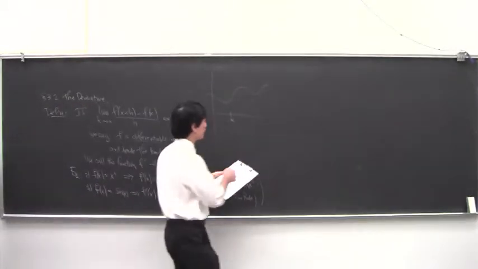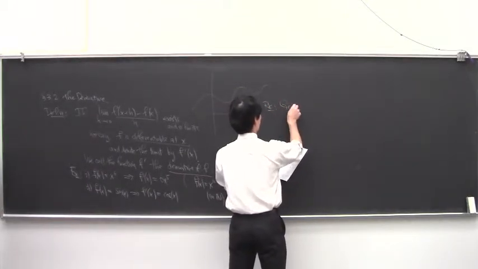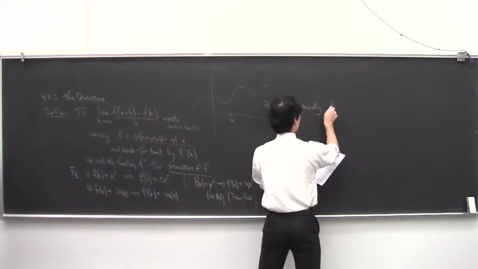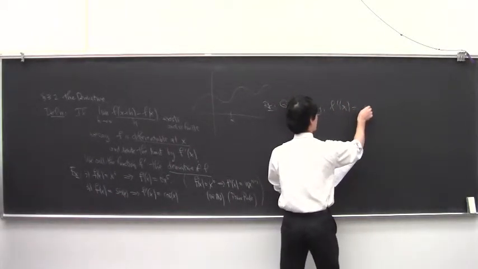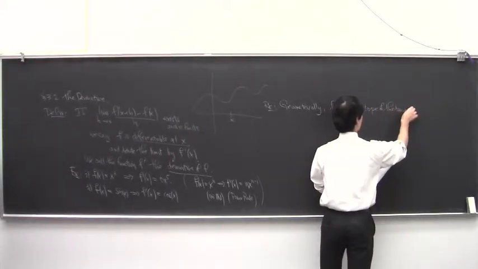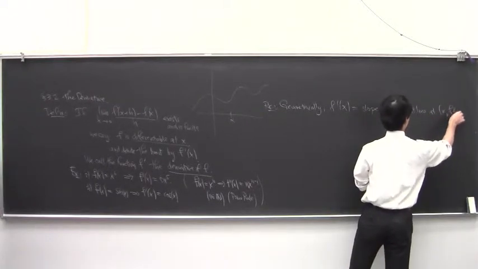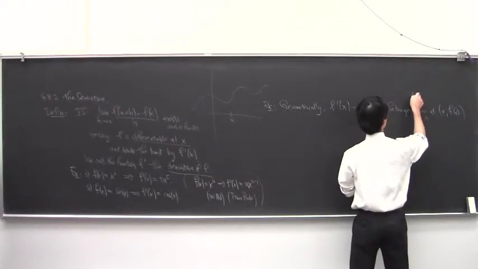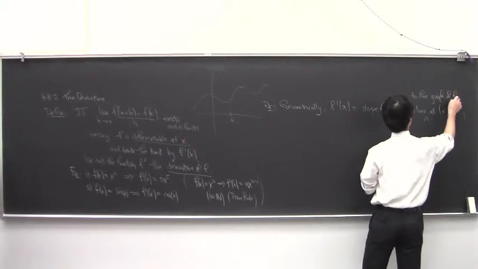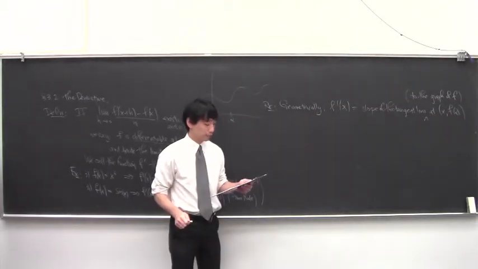And geometrically, this is all from last time, this f prime x is the slope of the tangent line to the graph of f at x, f of x.